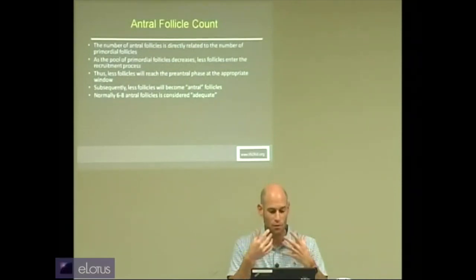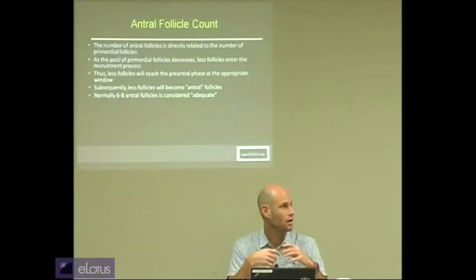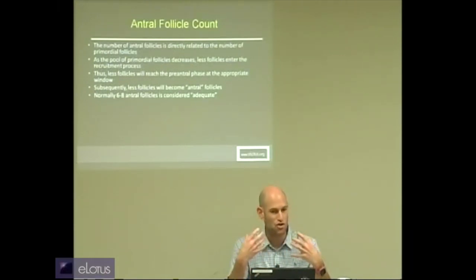And as fewer follicles enter the recruitment process, fewer follicles reach the pre-antral phase at the appropriate window, and then fewer follicles become antral follicles. Normally, we see about 6 to 8 antral follicles in a strong ovary, an ovary that has good ovarian reserve. But as we get older, that number diminishes.